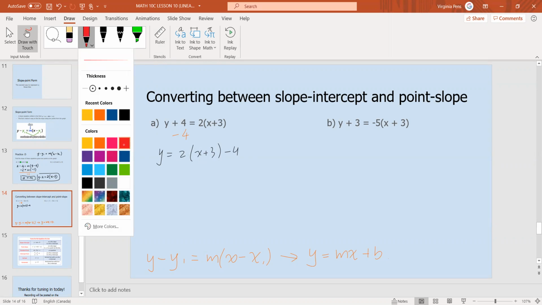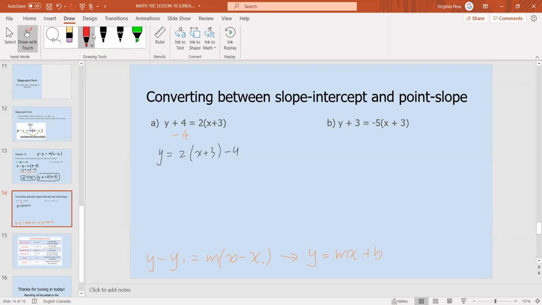Using the distributive property, you just multiply 2 with x and then 2 with 3, which would give you y is equal to 2x plus 2 times 3 is 6, and then minus 4.